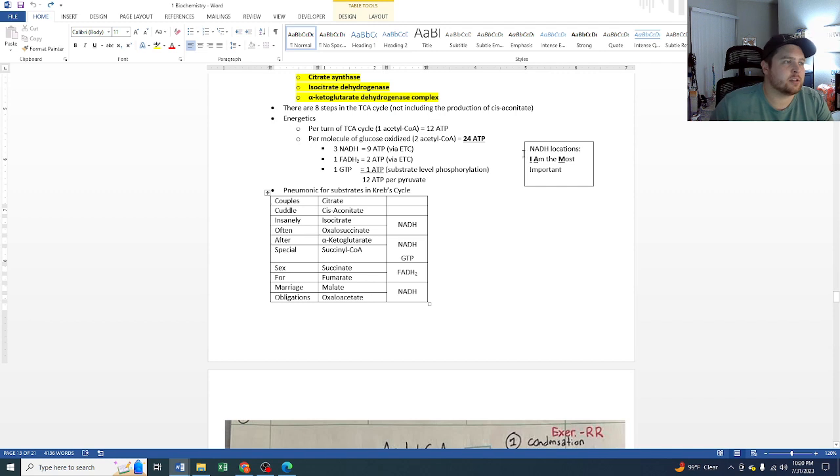And also remember this little one where I am the most important: I, A, and M. So at the isocitrate, the alpha-ketoglutarate, and the malate, that is where our NADH gets formed. And you can also think, FADH2 gets formed right before the fumarate. F goes with F.